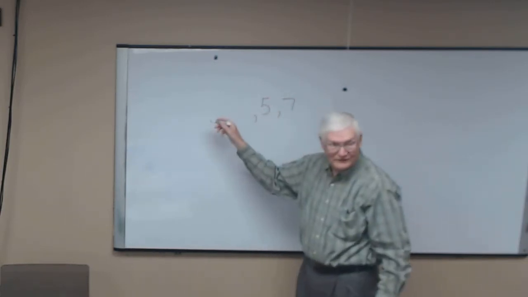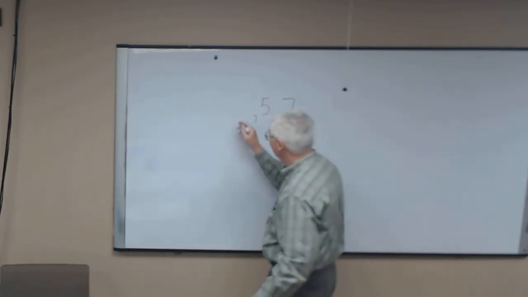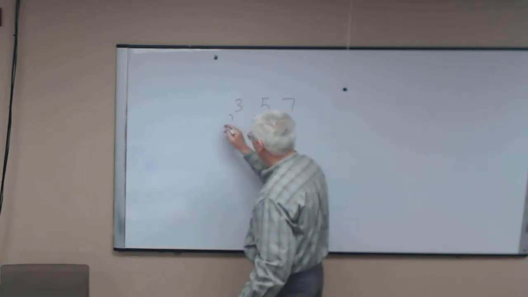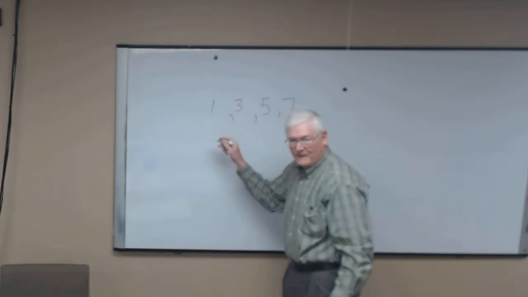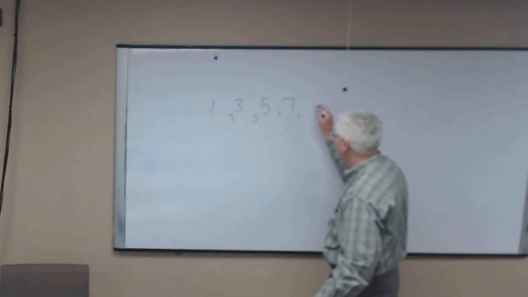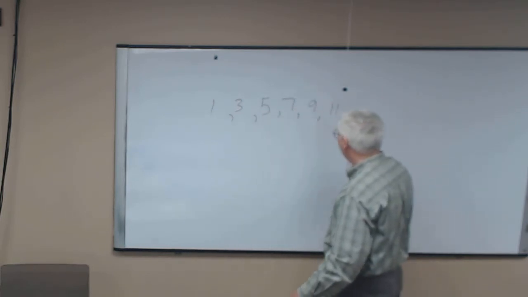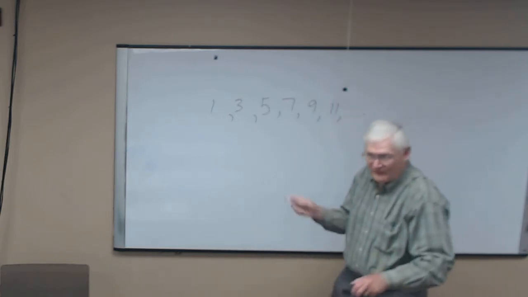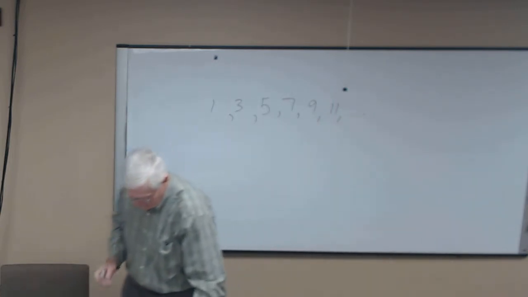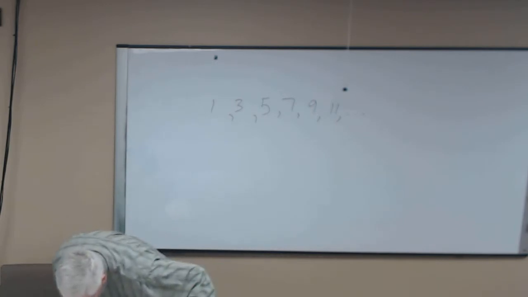Let's go that direction. Then what else? 3. 3 and 1. Is that it? And then we go the other direction. 9, 11, ... So now have we made a list of our positive odd numbers?